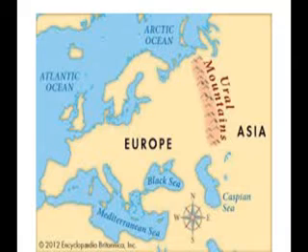The area west of the Ural mountains falls in Europe, and the area east of these mountains is part of Asia. Russia and Turkey lie partially in Europe and partially in Asia.